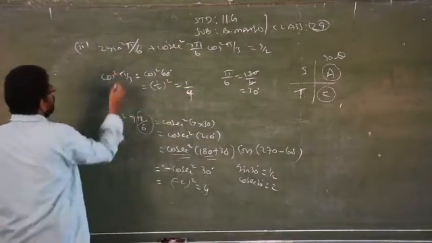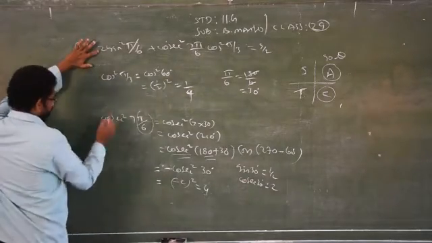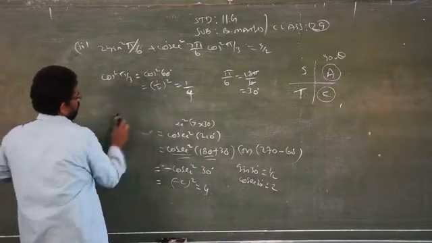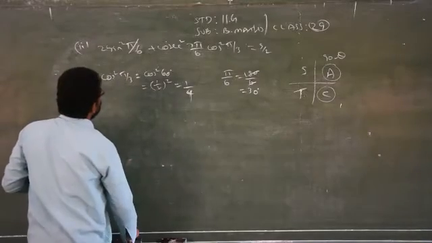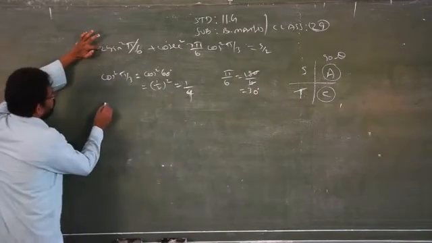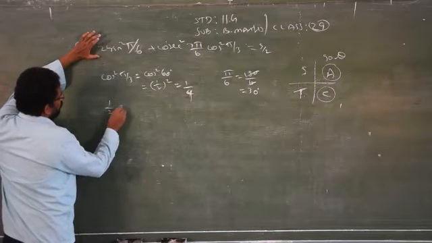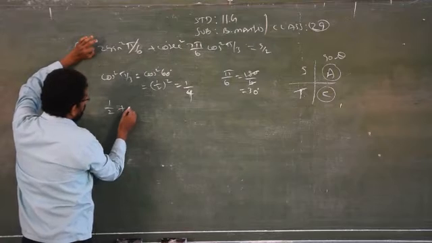Now you have to substitute all the values. So first, what is the first value we found already? Just keep it in your mind. 1 by 4. This is 1 by 2 plus, what will be the answer?